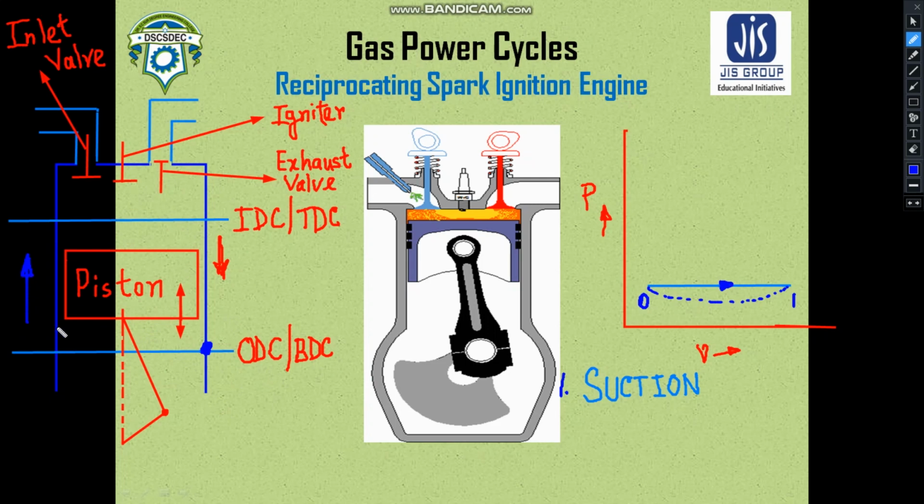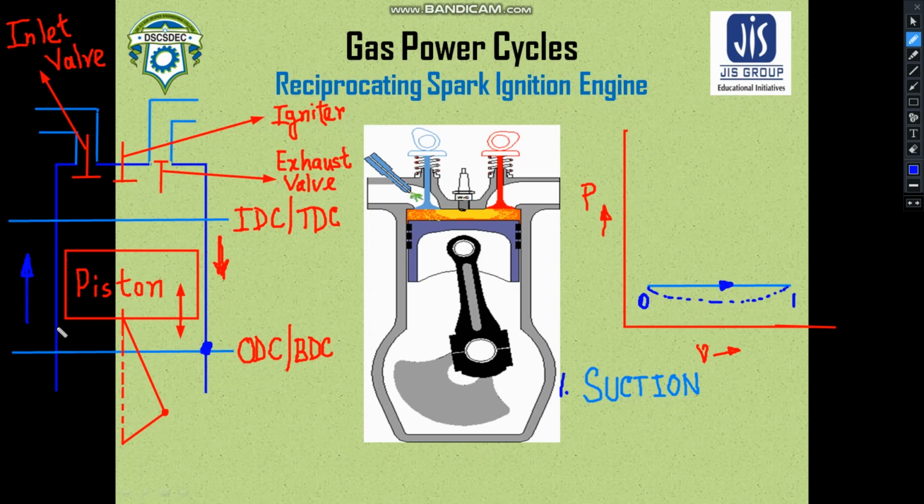Then it will start compressing the air fuel mixture. It is very simple as that. When the piston moves upward towards TDC, compressing the air fuel mixture, the pressure and the temperature of the air fuel mixture would obviously rise.